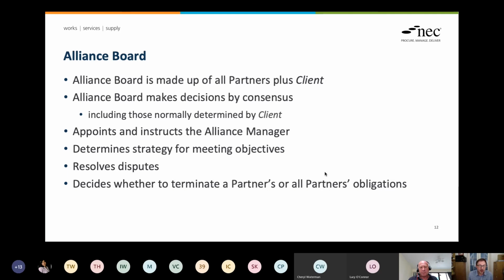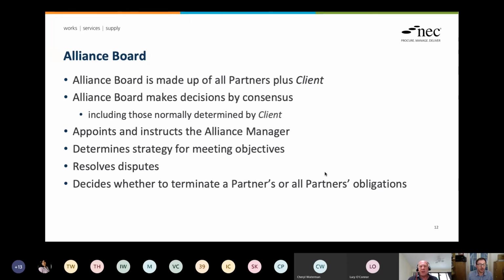But I think it's fair to say that, much like any other NEC contract, the alliance manager, like with the service manager or the project manager, they really need to understand this contract and how this contract is intended to work in order to do the role. And that's probably one of the most important requirements of that person or organisation who's doing the alliance manager role.